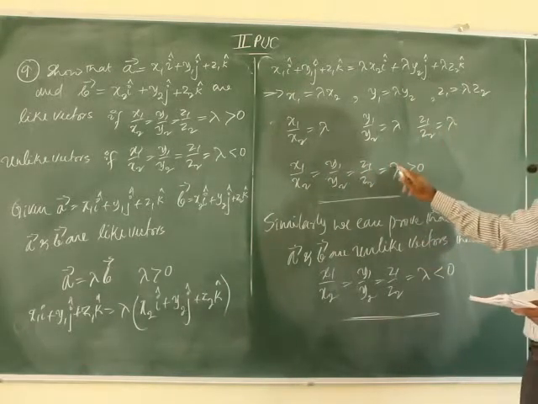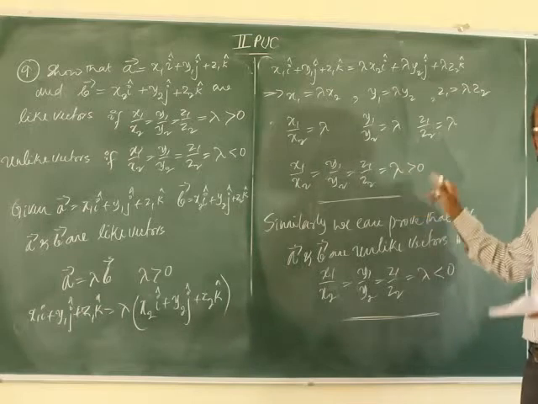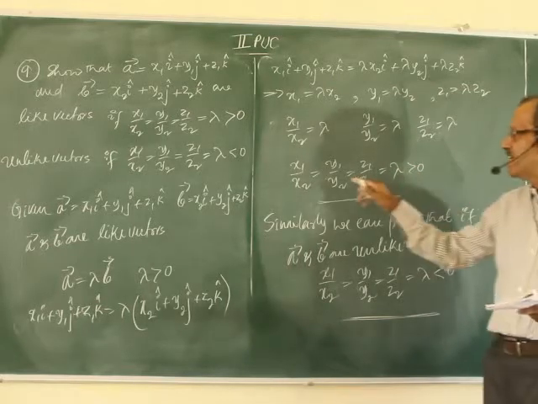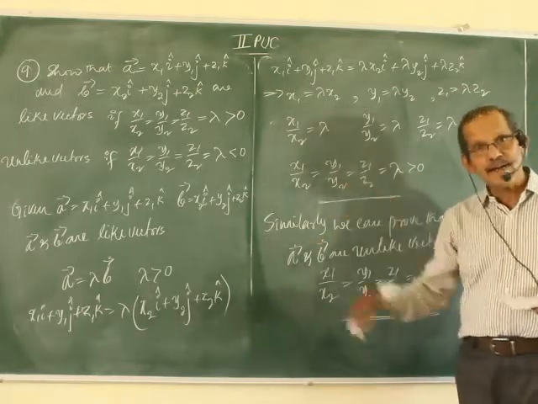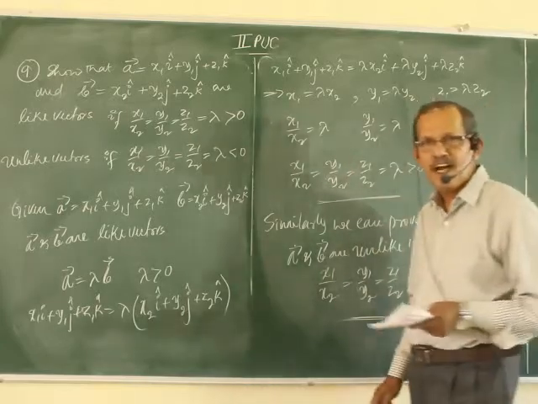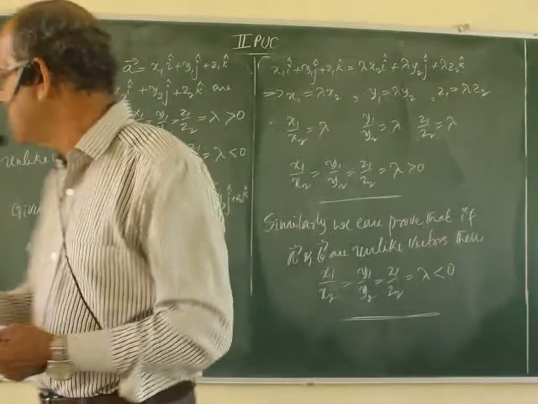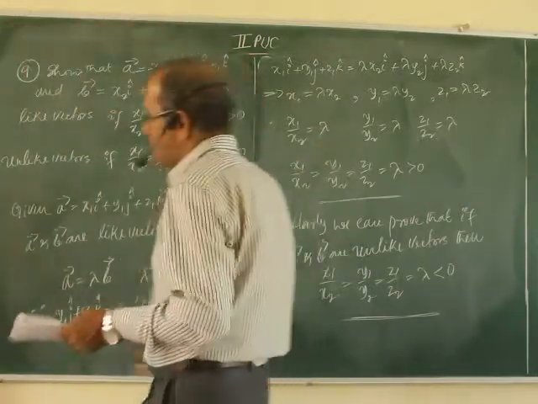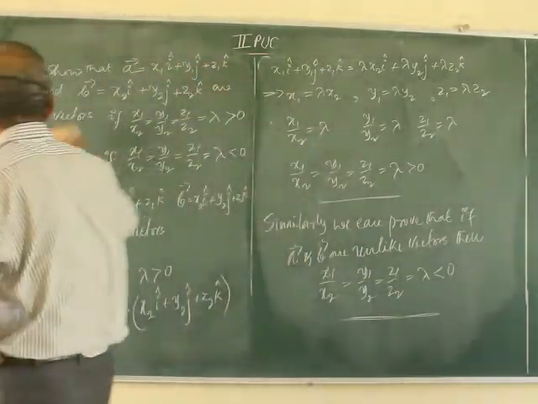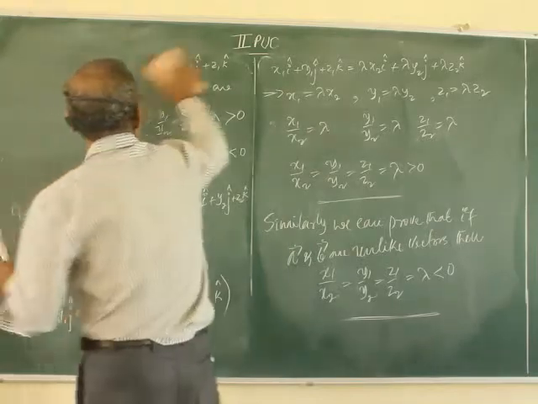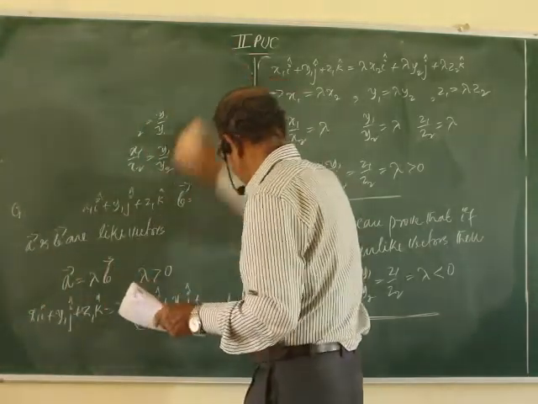Don't see the sign of the ratio, positive or negative. Particularly if it is asked to show that it is like vectors, then it should be positive. Unlike vectors, it should be negative. Right? So let me use this property to solve one problem, so that this particular formula is clear.